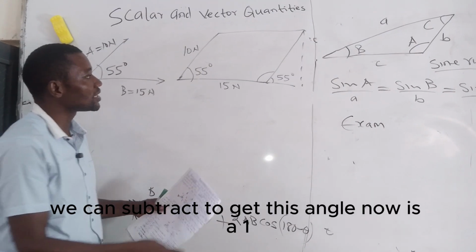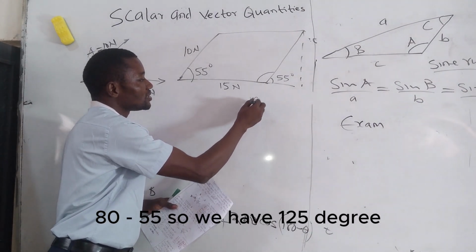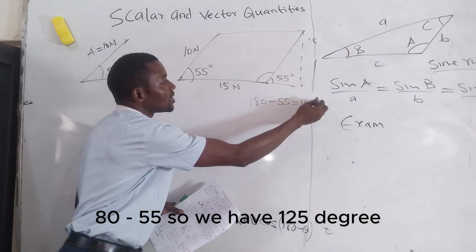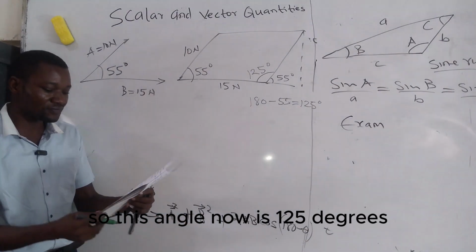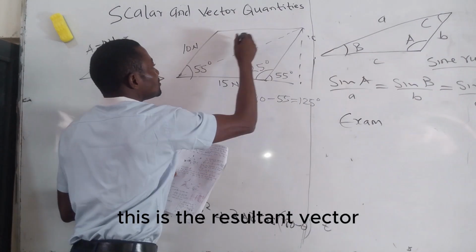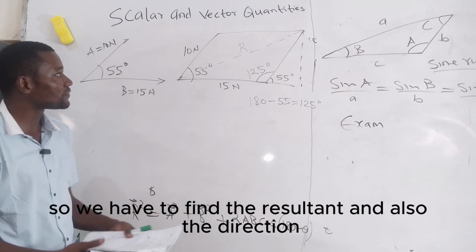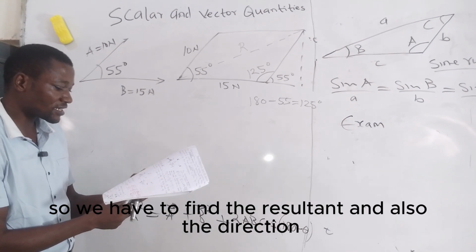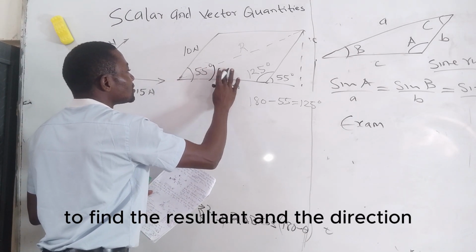So we can subtract to get this angle: 180 minus 55 gives 125 degrees. So this angle now is 125 degrees. This is the resultant vector, and we have to find the resultant and also the direction.